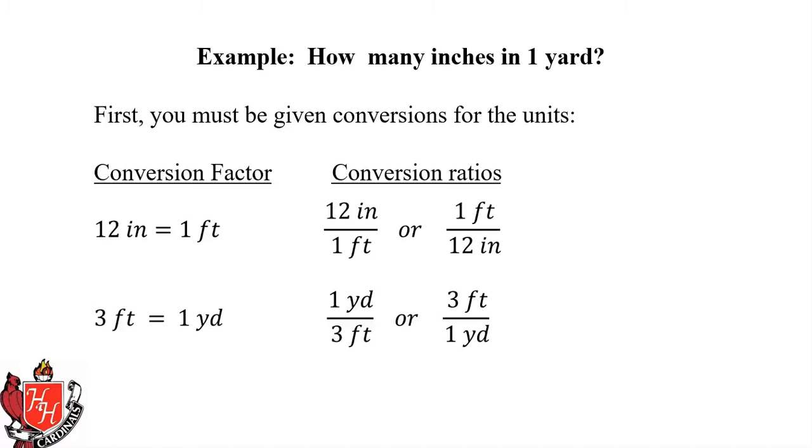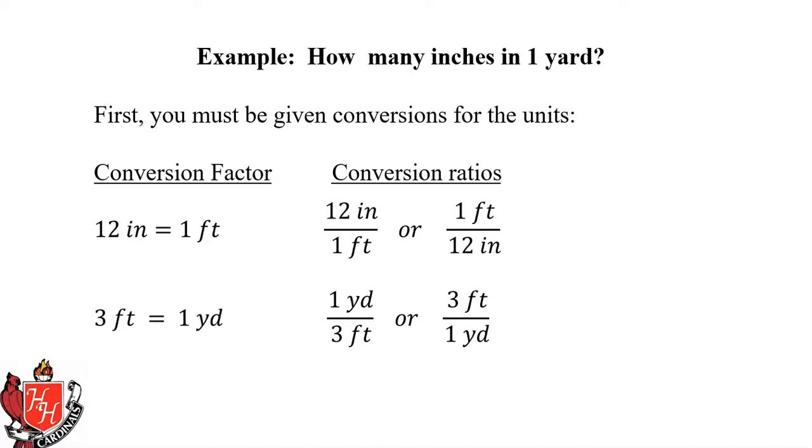And when you have a conversion factor, so 12 inches equals 1 foot, you can write that as one of two ratios: 12 inches per every 1 foot, or 1 foot for every 12 inches.